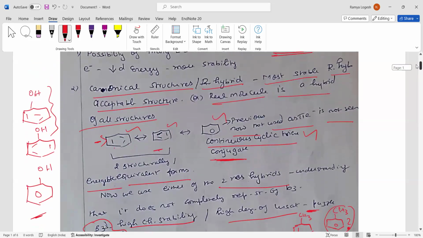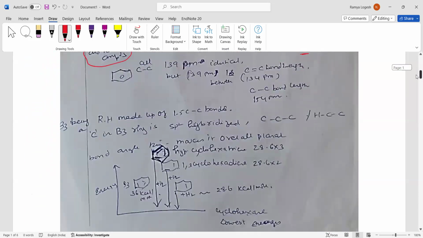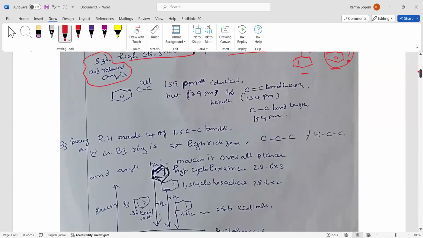You need not copy all these things. I'll tell you what to copy. Now, when you take benzene, this you need to copy. The carbon-carbon bond length is 139 picometer. It's identical for all the carbons. But this 139 picometer is nowhere relevant to a specific kind of carbon bond. I know benzene has single bonds as well as double bonds.